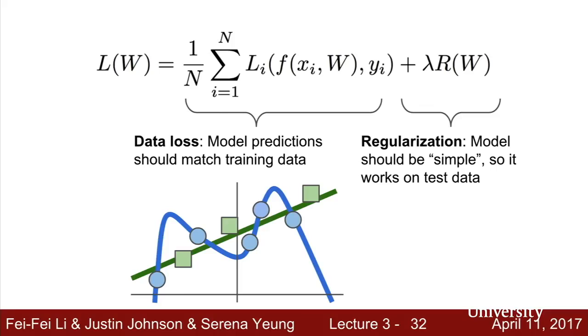So here, we're going to add an additional term to the loss function. In addition to the data loss, which will tell our classifier that it should fit the training data, we'll also typically add another term to the loss function called a regularization term, which encourages the model to somehow pick a simpler W, where the concept of simple kind of depends on the task and the model.